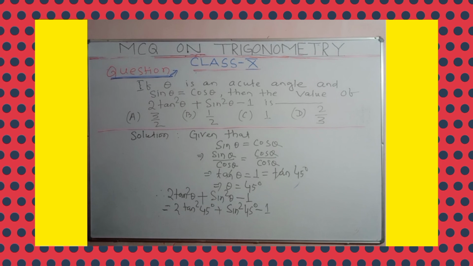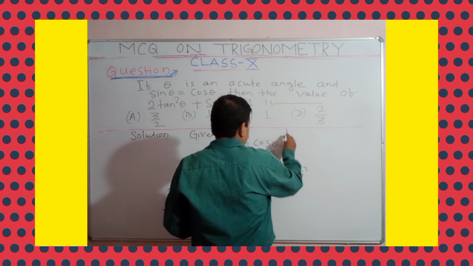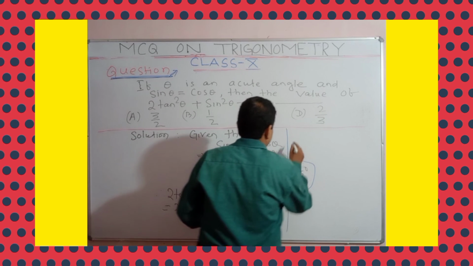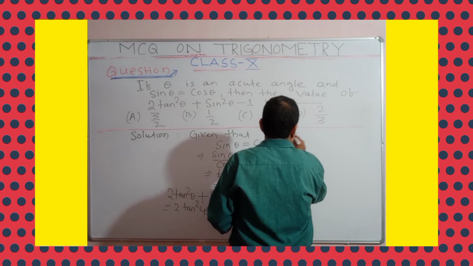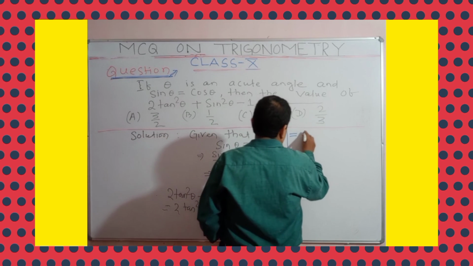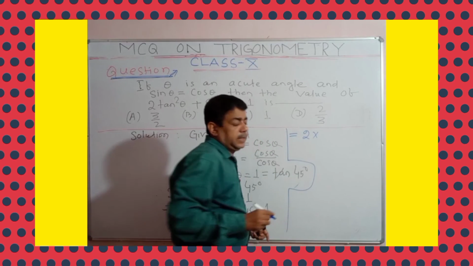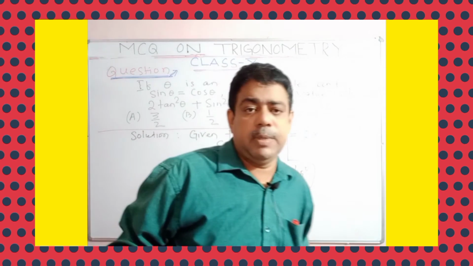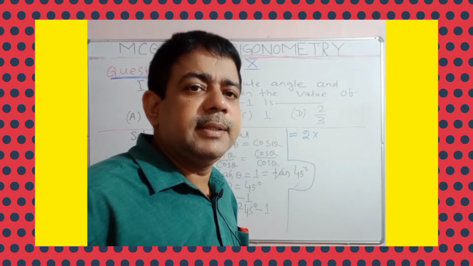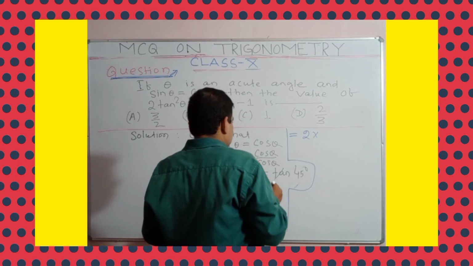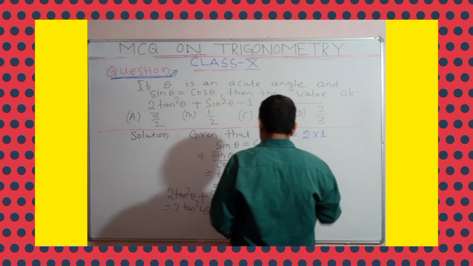Okay, then here you write that is equal to 2 into tan square 45 degree. All of you know tan 45 degree. What is tan 45 degree? Yes, 1. So tan square 45 degree is also 1.